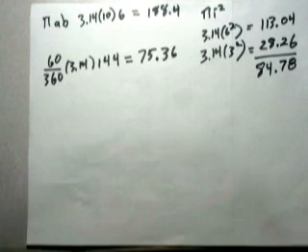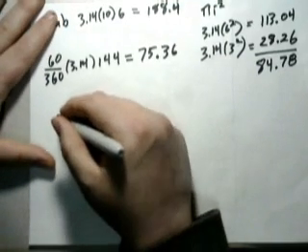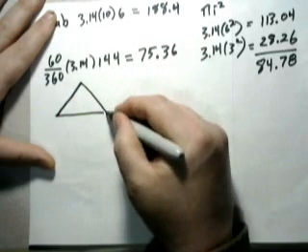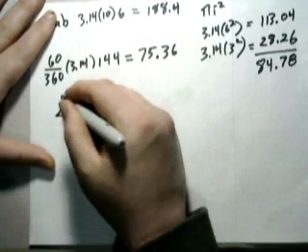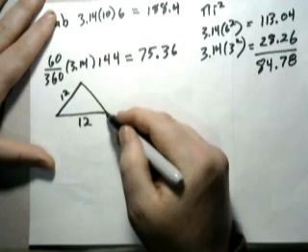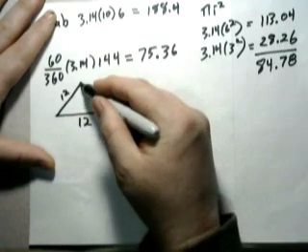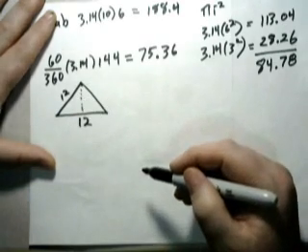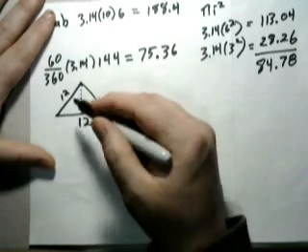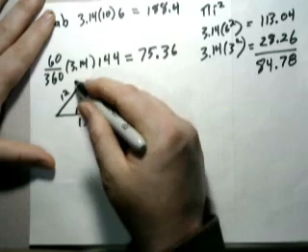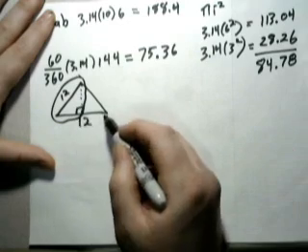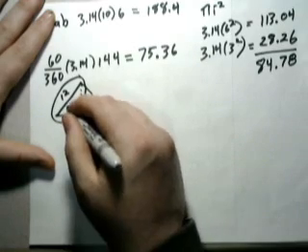Now we need to find the area of that triangle. So let's go ahead and take a closer look at that triangle. So this side is 12 and this side is 12. So I have the base right here is 12. What I need is that height right there. So in order to find that, I can use the Pythagorean theorem and just concentrate on half of that triangle. So if the whole thing is 12, half of it is 6.